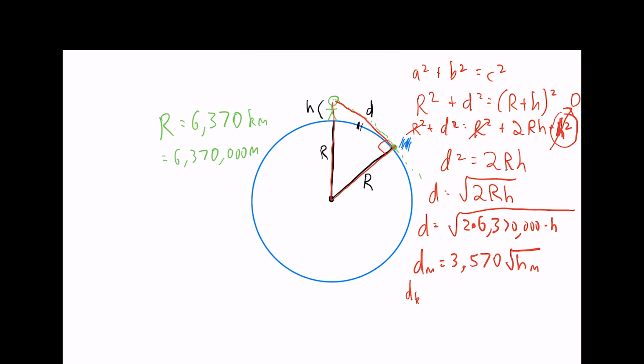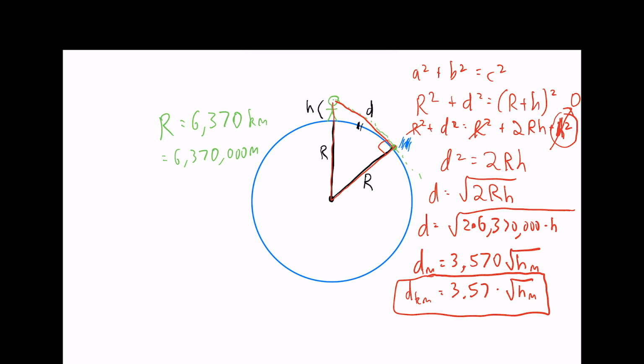And we can divide both sides by 1,000 to put the left side in terms of kilometers. So the distance in kilometers equals 3.57 times the square root of the height in meters. And that is our distance to the horizon formula.